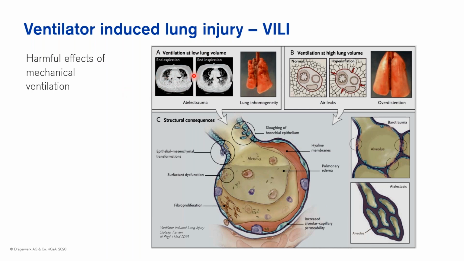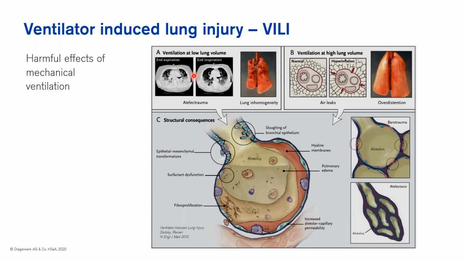So inappropriate settings of a parameter such as PEEP, positive end-expiratory pressure, were contributing to the development of lung inhomogeneities, or in more common terms, atelectrauma, when certain dependent regions of the lung would collapse or experience a delay in ventilation.